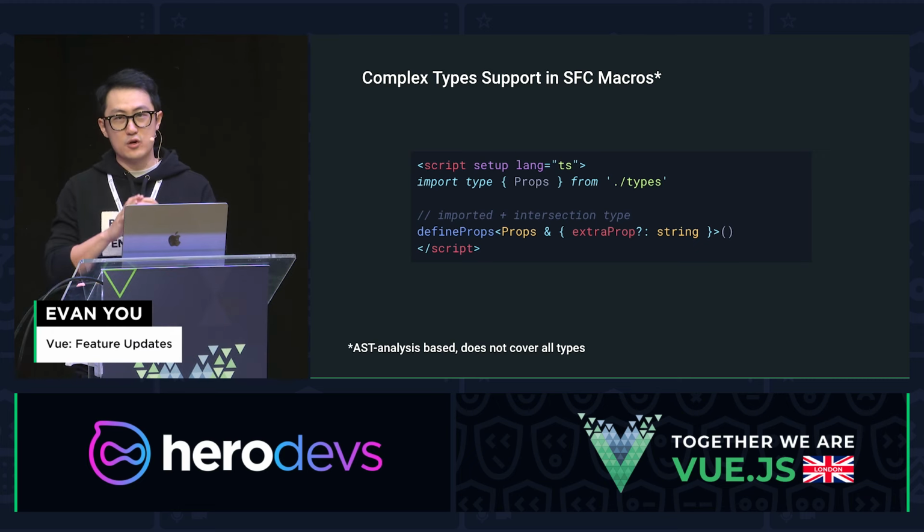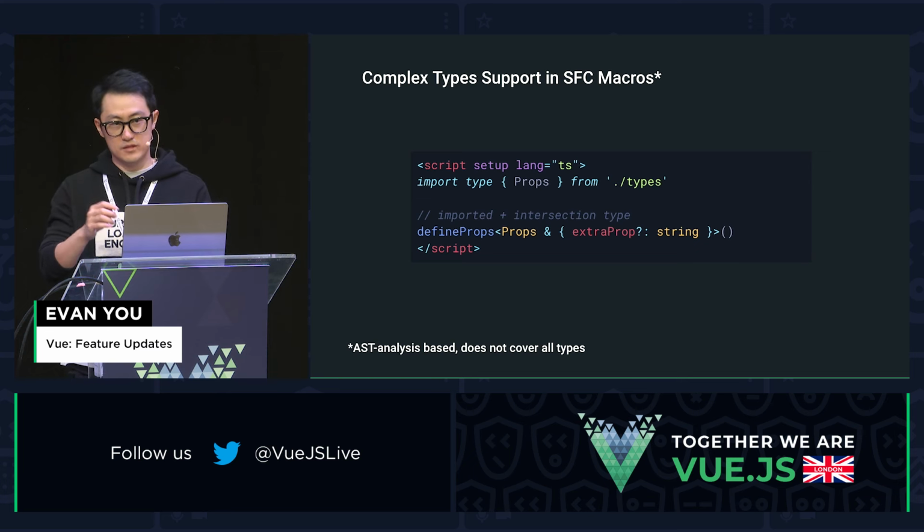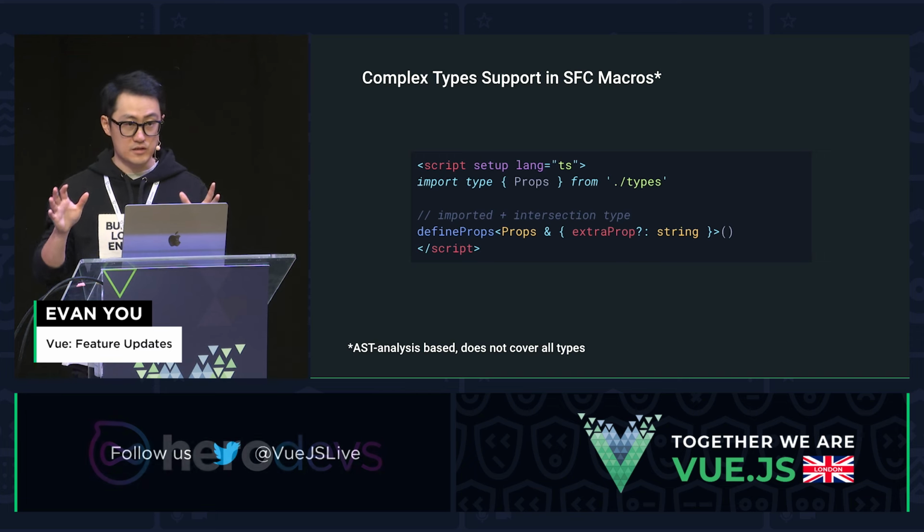So if you have really complex types, with conditional types, conditional infer, or crazy mapped types with generics and everything, some of them will not really be fully supported, but for the most common cases, this is probably going to cover most of the cases you would run into in application level code.